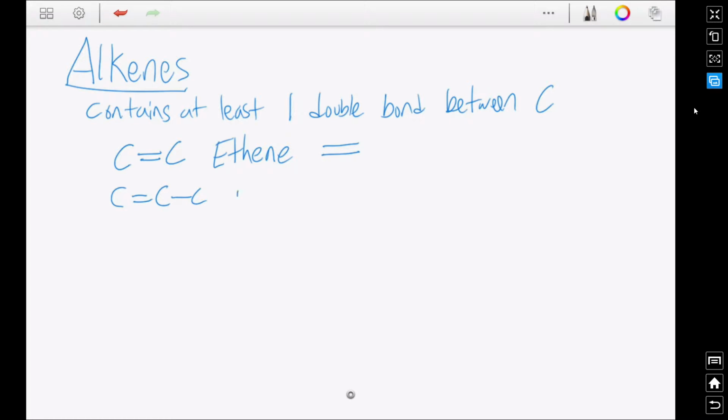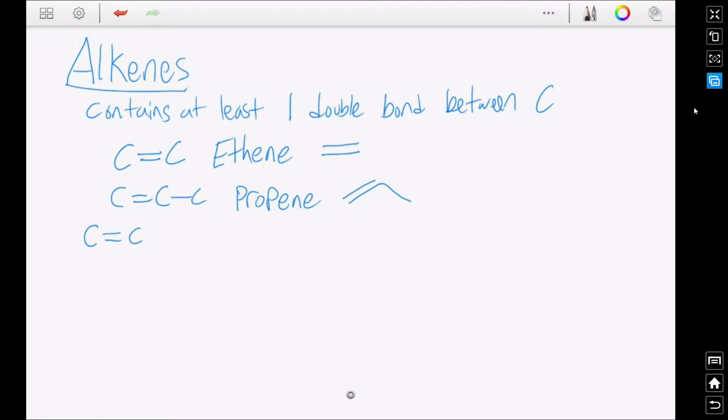A 3-carbon chain is usually a propane, but because we have a double bond, we call this a propene. A propene would look like this: you would have your double bond carbon and then a line like that. That's a propene.